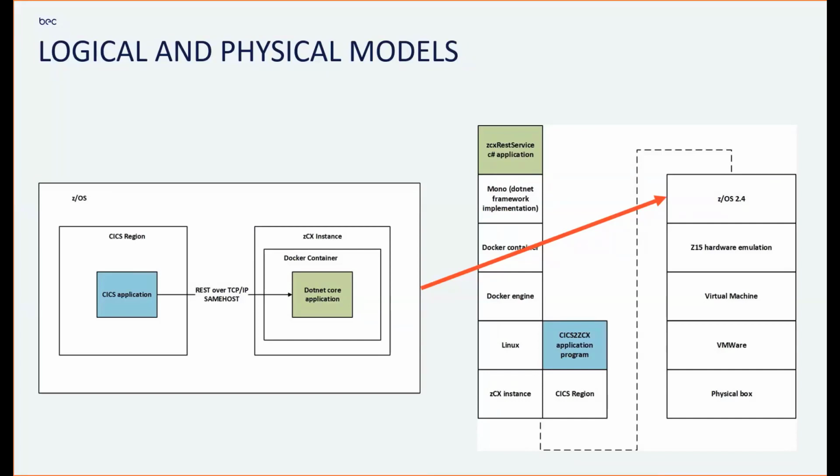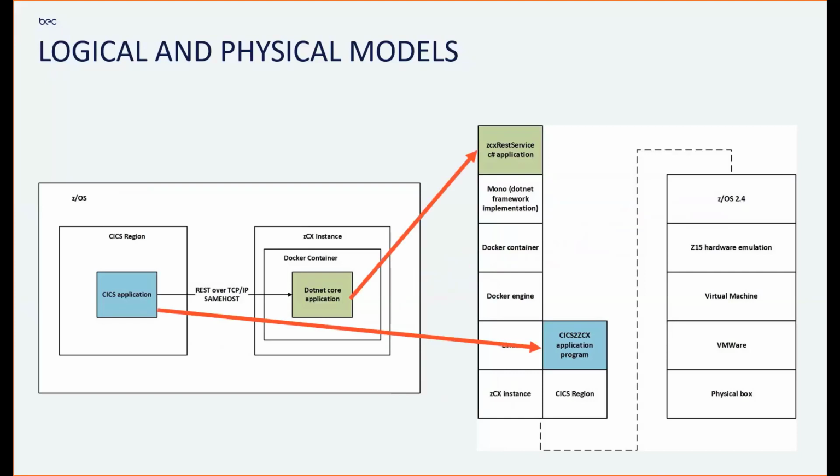So the outermost layer we have on the logical model was a z/OS system, and it maps to layer 5 from the bottom of the physical model. The CICS and zCX runtime maps to layer 6. The Docker container is at level 9.